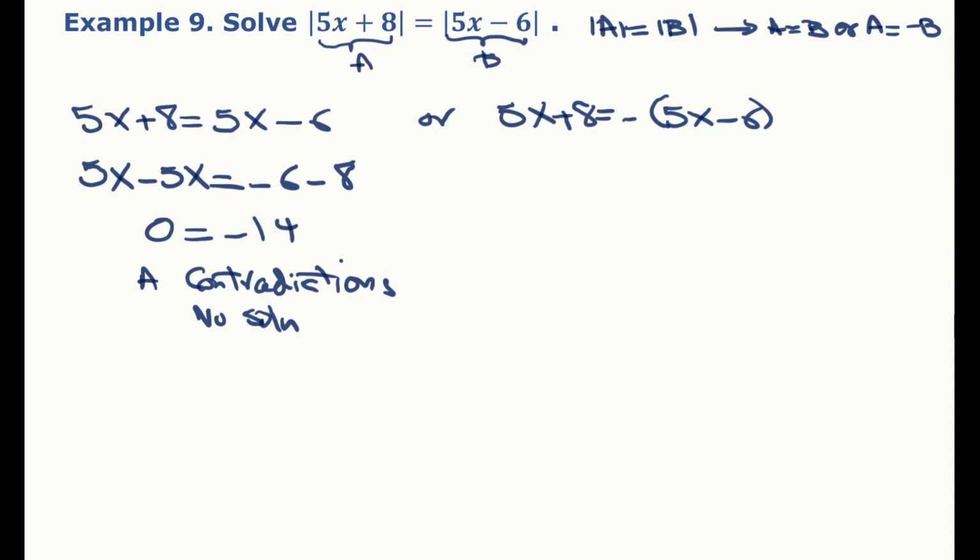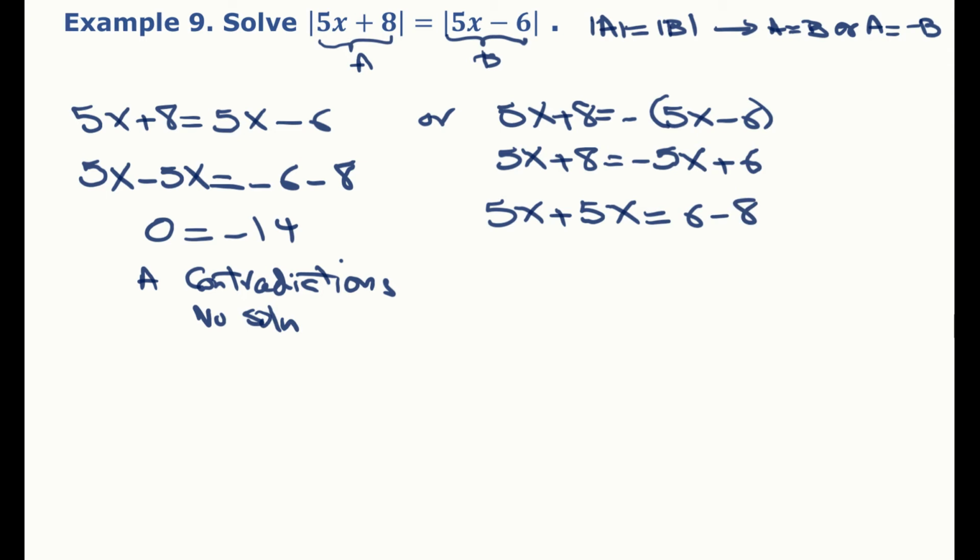But that doesn't mean we have no solution at all, because we still have this other equation that we need to solve. So here we get 5x plus 8 equals negative 5x plus 6. Moving the x's to one side, we get 5x plus 5x, and moving the constants to the right side, we get equals 6 minus 8.